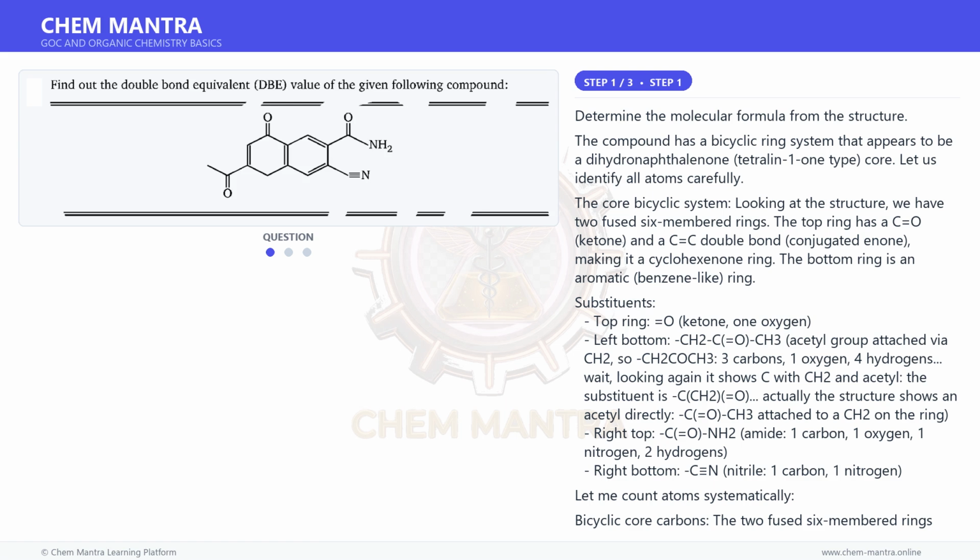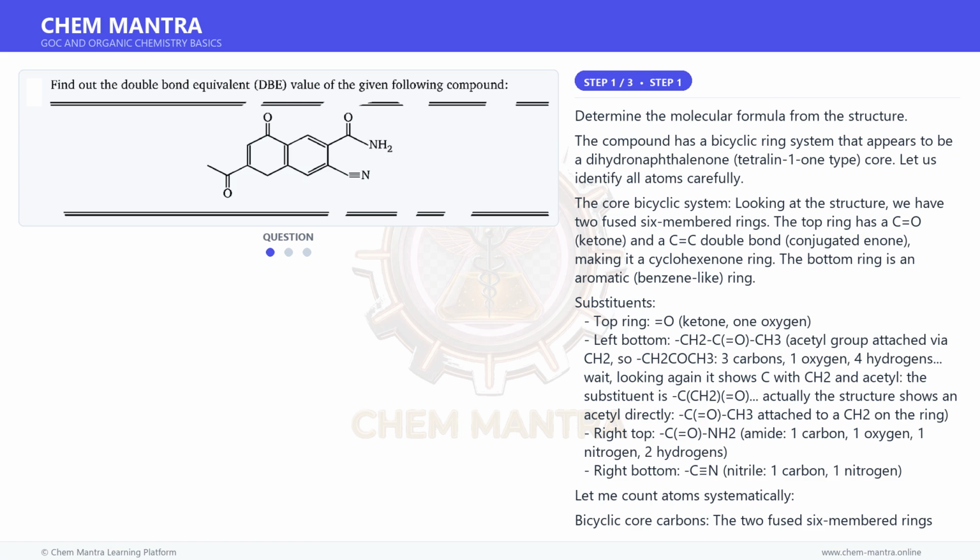Bicyclic core carbons: the two fused six-membered rings share 2 carbons, the fusion carbons. Each ring has 6 carbons, shared 2, so the total is 6 plus 6 minus 2 equals 10 carbons in the core. Substituent carbons: the ketone on the ring is C=O, no extra carbon, the carbonyl carbon is part of the ring.